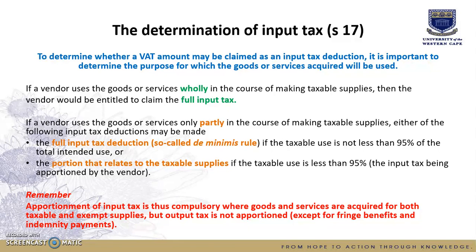So let's say, for instance, I make 70% taxable supplies and 30% exempt supplies. I will only be able to claim 70% of that input tax. Alright, so apportionment of input tax is therefore compulsory where goods or services are acquired for both taxable and exempt supplies. But output tax is not apportioned, except for fringe benefits and indemnity payments, as we've said before.